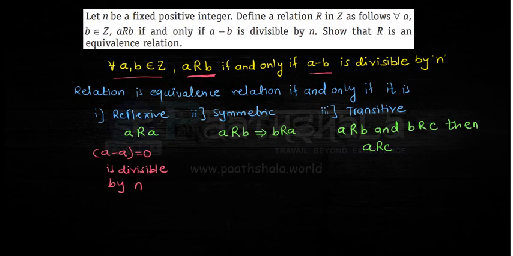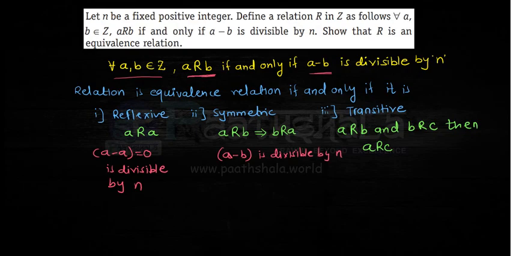For symmetric, if a is related to b, then we have to show that b is related to a. If b is related to a, then it is symmetric. So we can see a minus b is divisible by n.